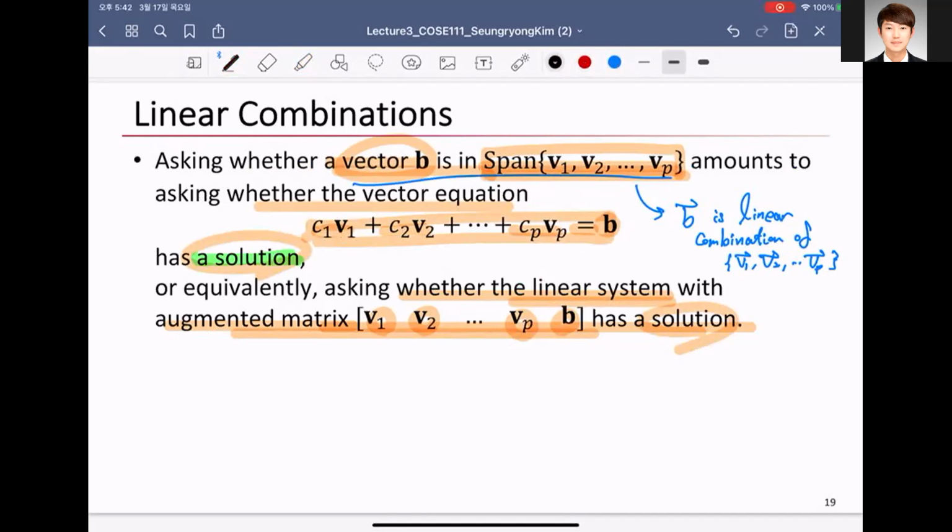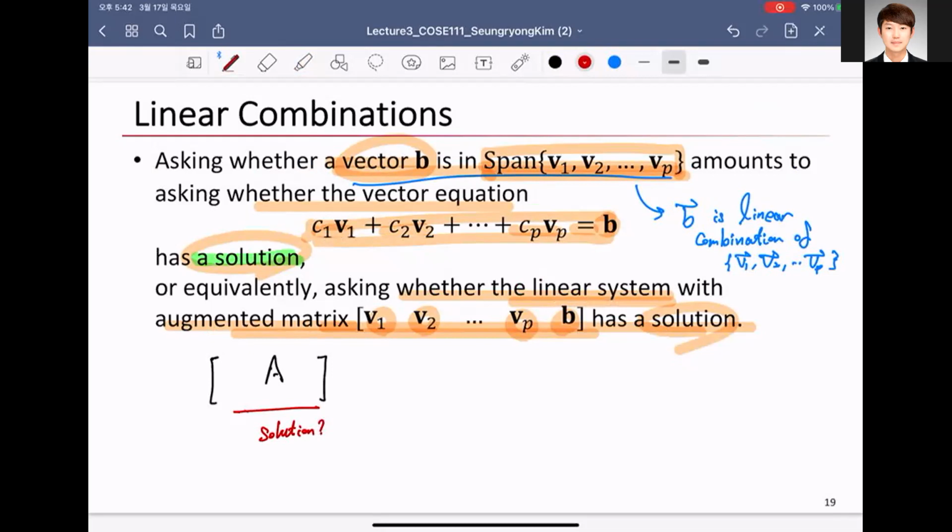In other words, okay, let's suppose that you have arbitrary matrix A in augmented matrix form. 그렇죠? Here, okay, let's suppose that you have augmented matrix A, in previous lecture, we want to determine whether this linear system with this augmented matrix has solution or not, or solution exists or not, right?